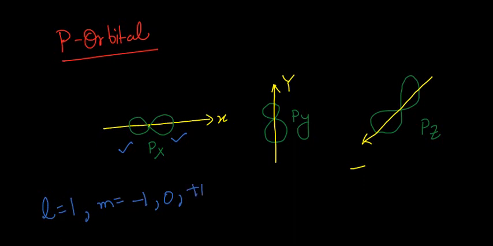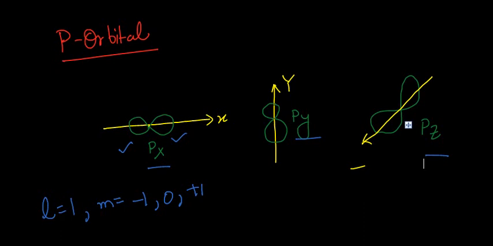Thus p orbital have three different orientations. They are designated as px, py and pz, due to the electron having its maximum along the x, y and z axis respectively.